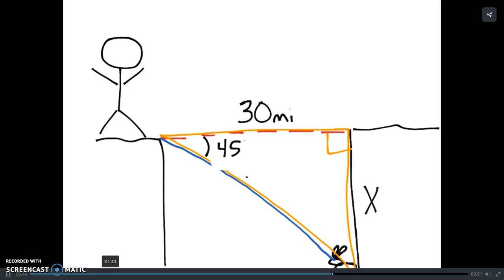And so you could use your trig functions, or you could say, oh, it's a 45, 45, 90 triangle, and I remember that the two legs on my 45, 45, 90 triangles have to be the same. So this is 30 miles down, which seems really deep, so probably not. Or you could do your trig functions, and you should get the same answer either way. So I could solve the same problem on this one anyway, 2 different ways, and I would still get the same answers.